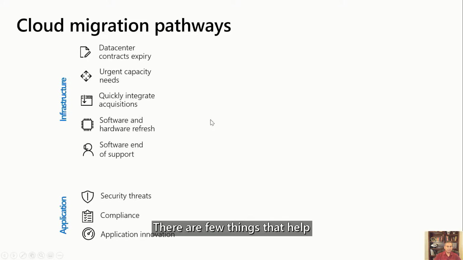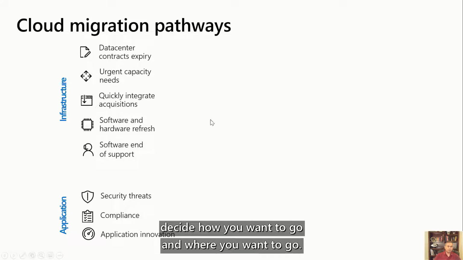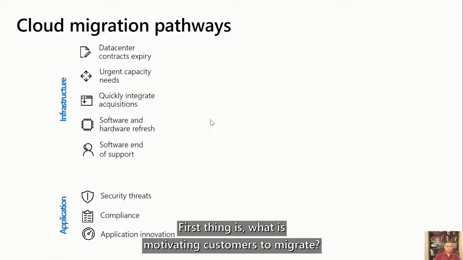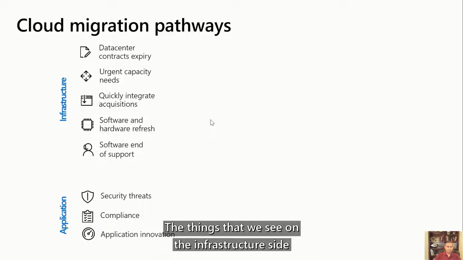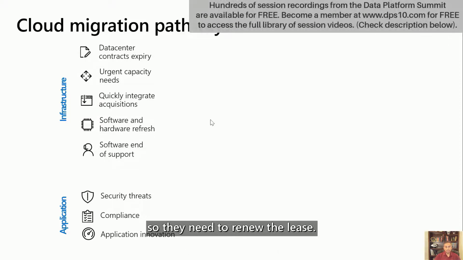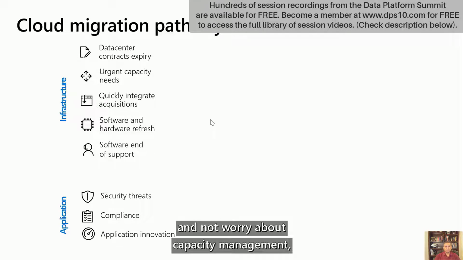There are a few things that help decide how you want to go and where you want to go. First thing is, what is motivating customers to migrate? Things that we see on the infrastructure side are things like the data center expiring, so they need to renew the lease. Instead, they could go to Azure and not worry about capacity management.